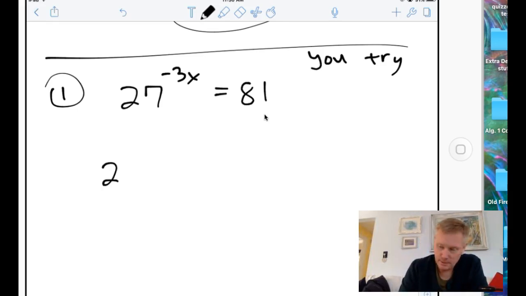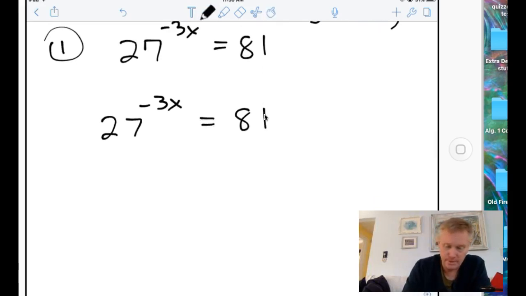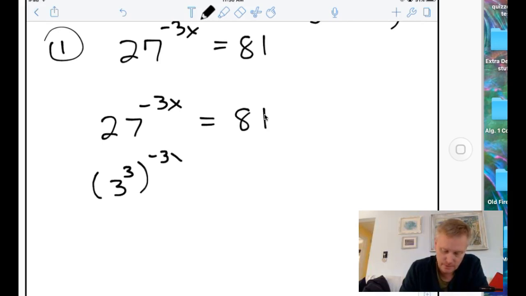27 to the negative 3x. Those are both powers of 3. 3 times 3 times 3 is 27. So that's 3 to the third. 81 is 9 times 9, and 3 times 3 is 9, so that makes 4 3s is 81.